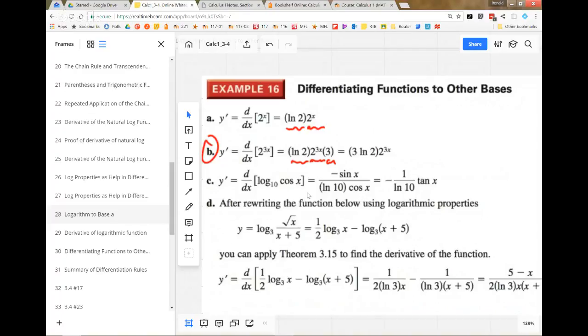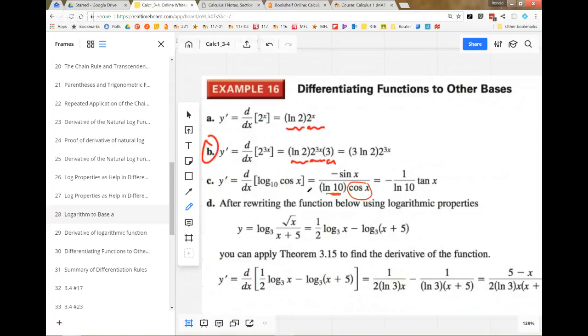So you notice that this part right here, the natural log of 10, that's what that is. And then we have to take the derivative of the log of cosine of x, which is 1 over cosine of x. So that's this part right here.